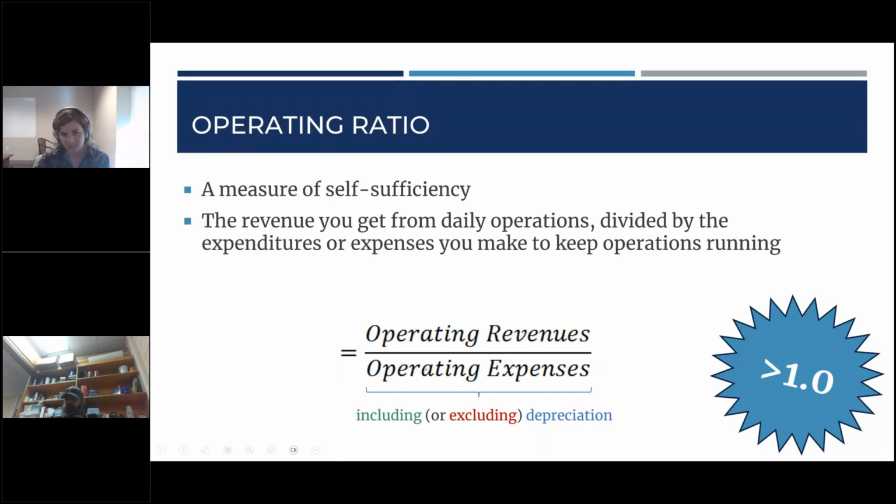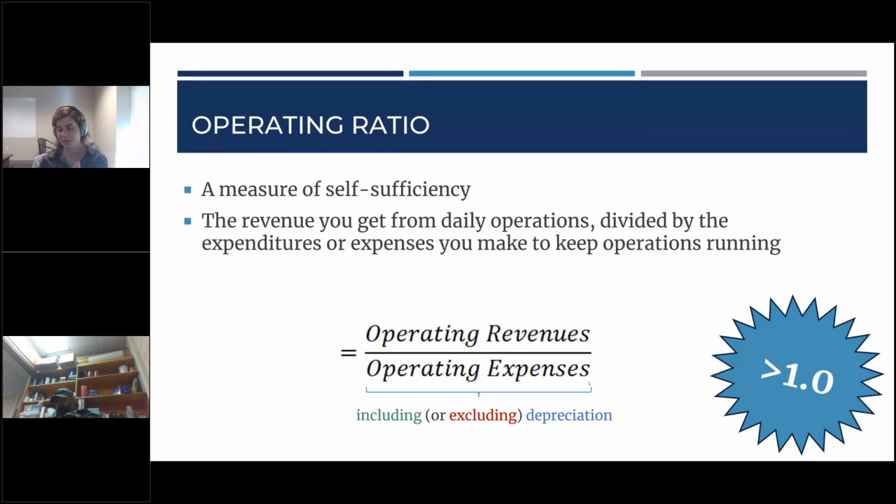And these operating expenses can include or exclude depreciation. We usually calculate both whenever we're doing technical assistance for utilities. The idea that we do both is because we typically recommend including depreciation in your operating ratio because it gives you some understanding of the money that you might need to be setting aside to cover your future capital costs, right?